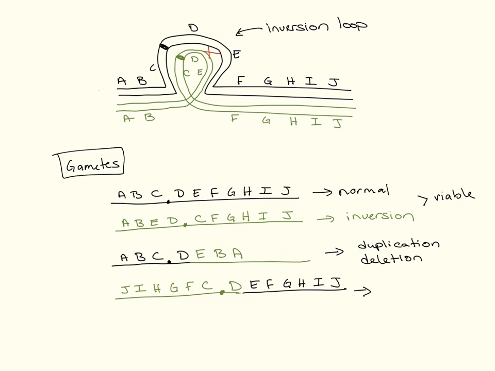For the fourth one, we have still 1 centromere, but now we have a very long duplication, and we have deletion of the A and B region. So both of these will be non-viable.